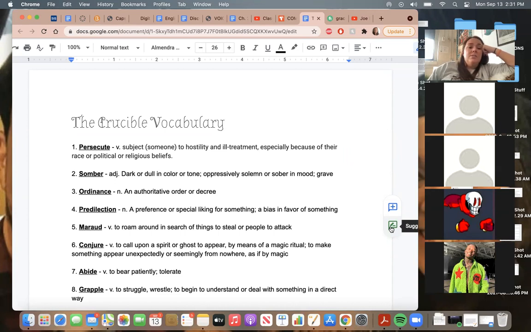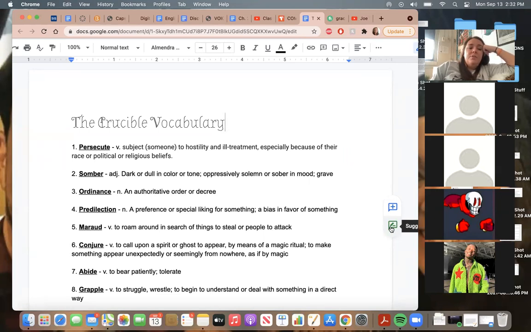An ordinance is an authoritative order or decree. Predilection means a preference or special liking for something, or a bias in favor of something. That could be like a bad habit that you have but like to do, or it could just be like a food that you really like, or anything like that.